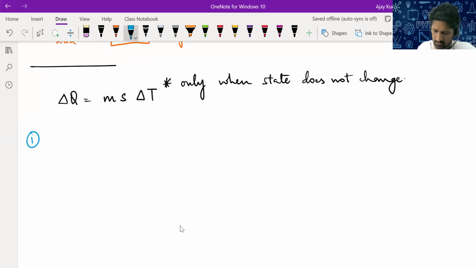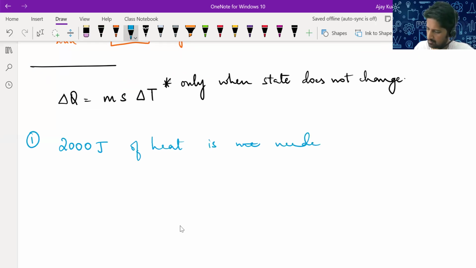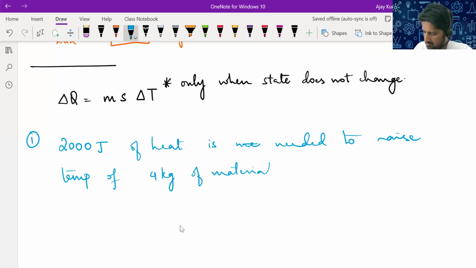First, let's say 2000 joules of heat is needed to raise the temperature of 4 kg of some material from say 21 degrees C to 26 degrees C. Calculate its specific heat.